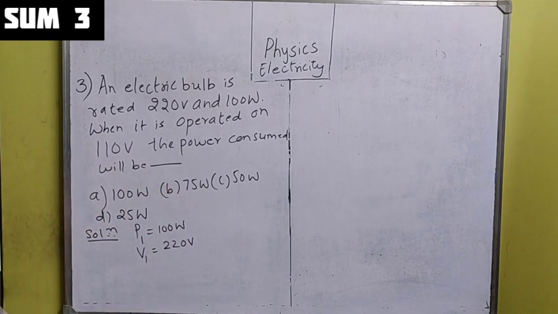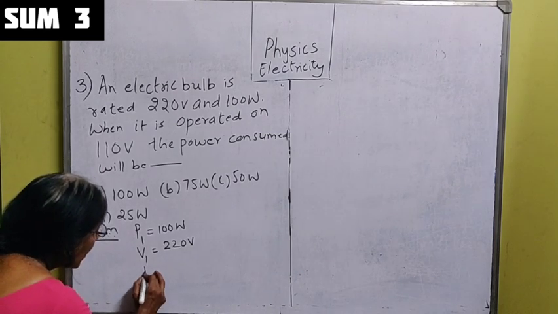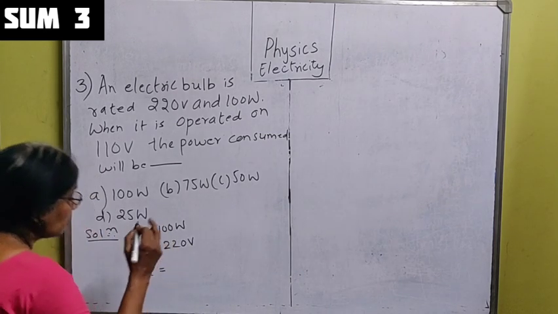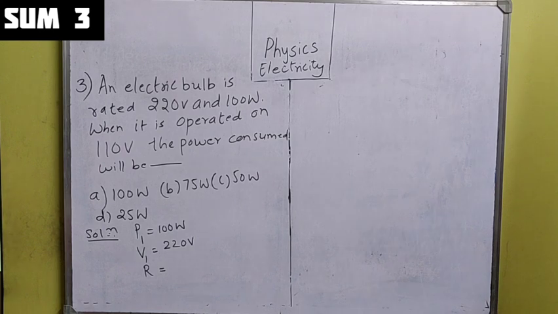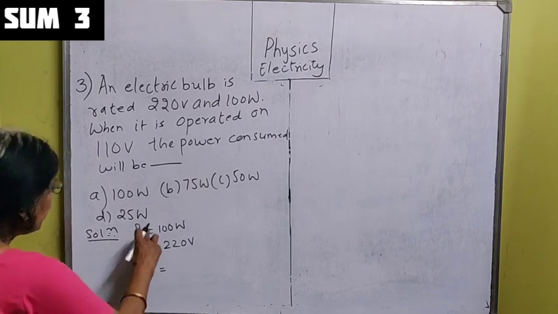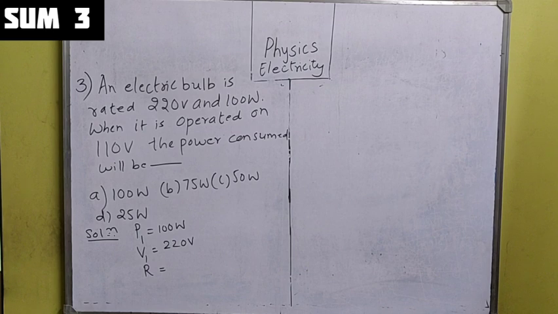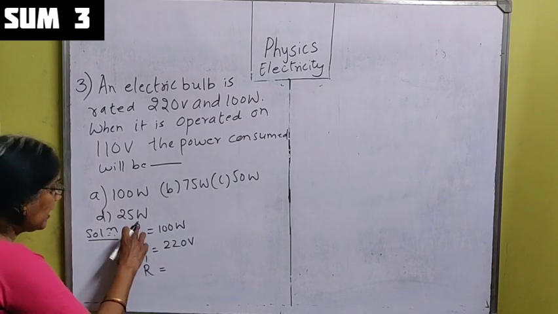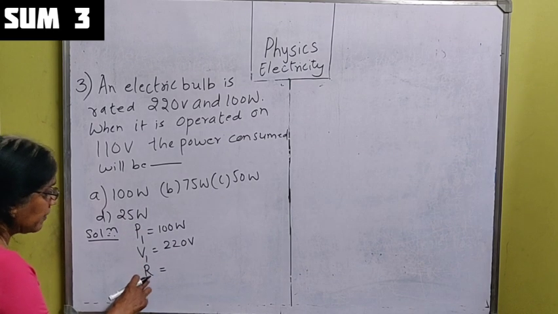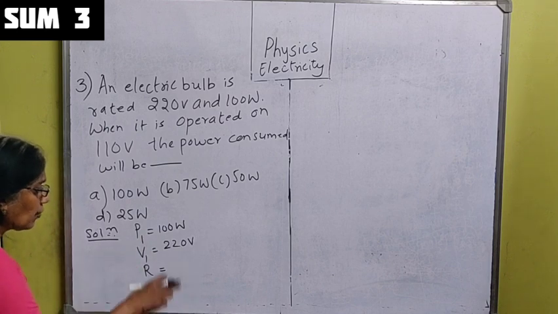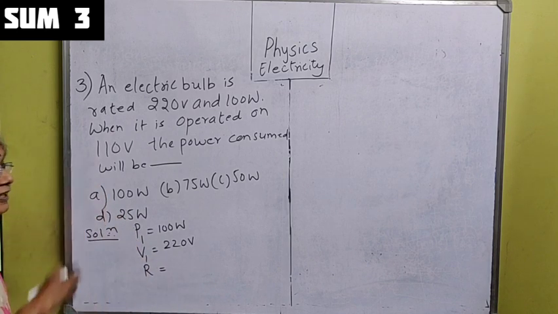And resistance is same for both the bulbs. So R is same for both the bulbs. So let it be R only for P1 and V1. Okay. Now P1, V1 and R are given. We can take the equation where P1 is equal to V1 square by R. We can find out what is R in that.